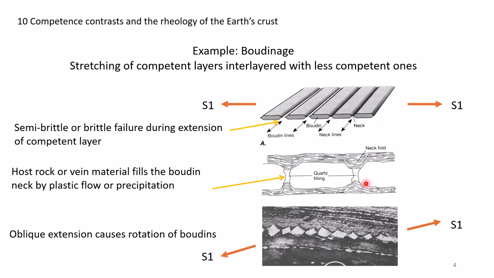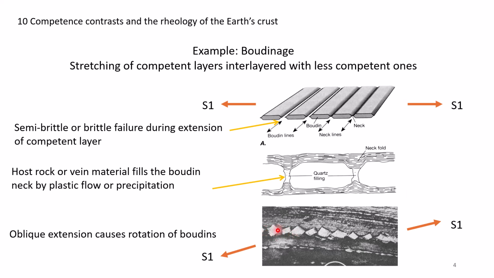If the extension is not perfectly parallel to the competent layer, we get a rotation of these boudins. And here we see a two-dimensional cross-section through a sequence of layers. The white one is the most competent one that was broken up into rectangular boudins.